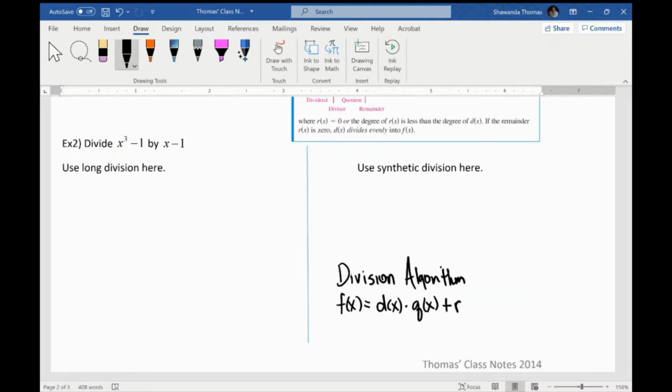Let's say this is your function, x cubed minus 1. d of x is your divisor, q of x is your quotient. What about r? R represents the remainder.